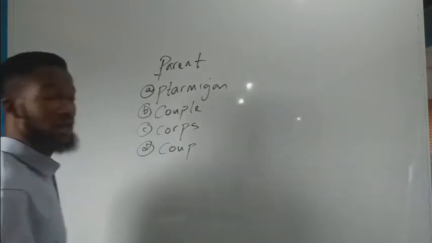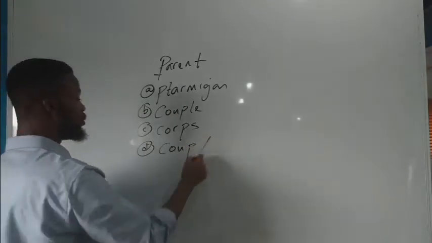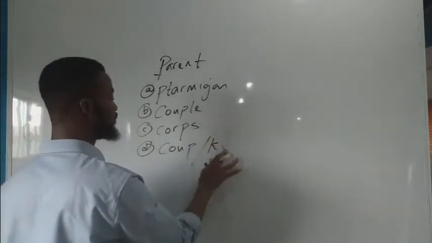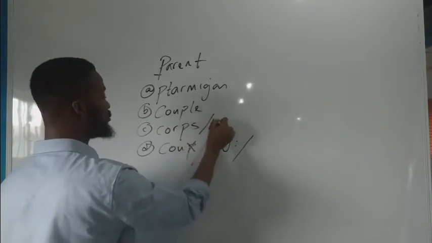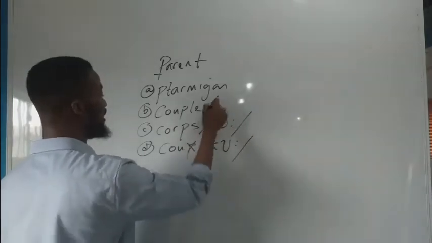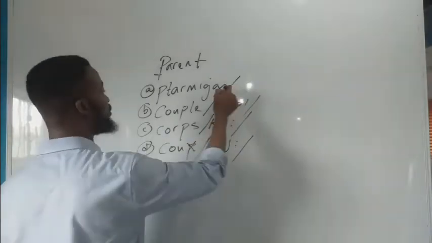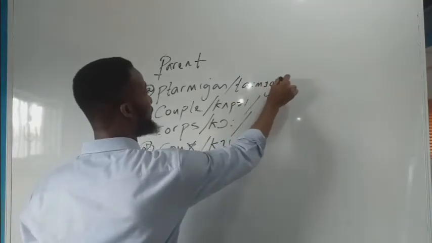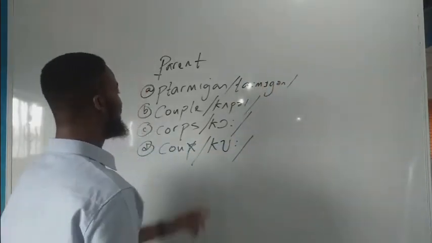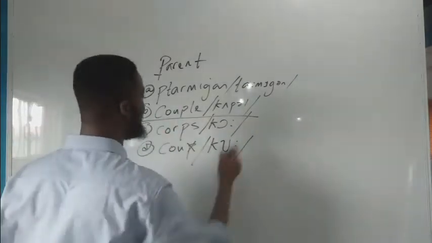This is a common thing in examination. This is called coup. The P is silent. This is called core. The P is silent. This is called couple. And this is called ptarmigan. You'd realize that the only option that has the P sound is option B.